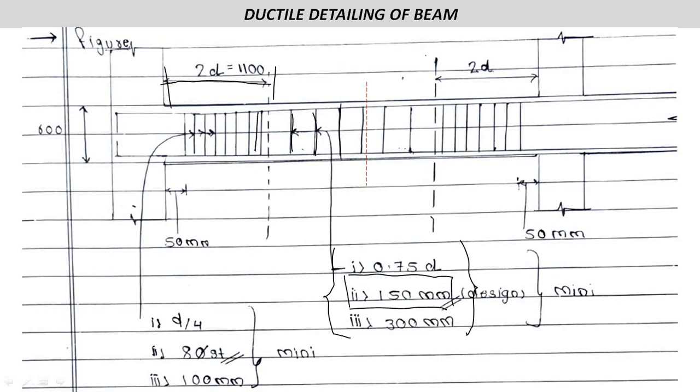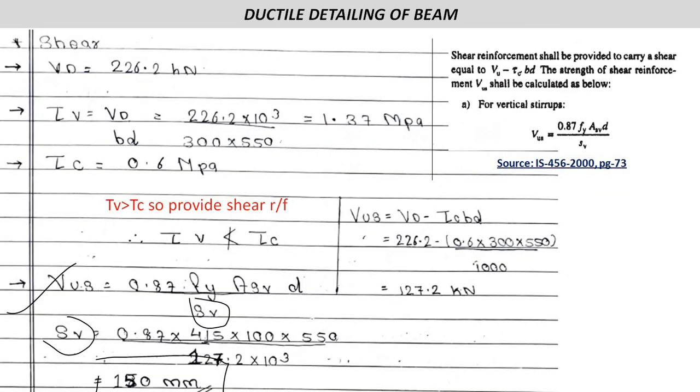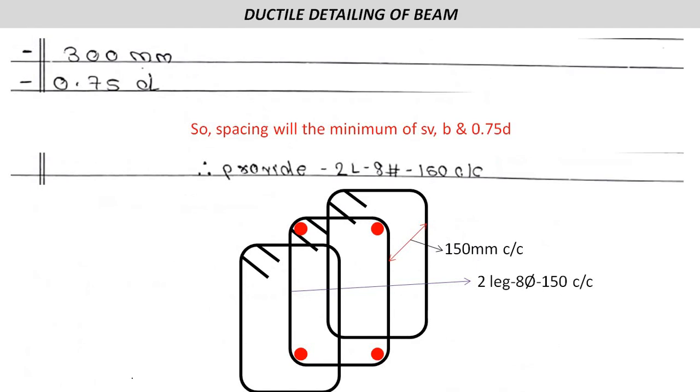At the support, the distance between these stirrups will be lesser. For that there are three conditions: D by 4, 8 times the diameter, and 100 mm. From these you have to take the minimum value. One mistake I made over here: from these three conditions we have to take the minimum value.